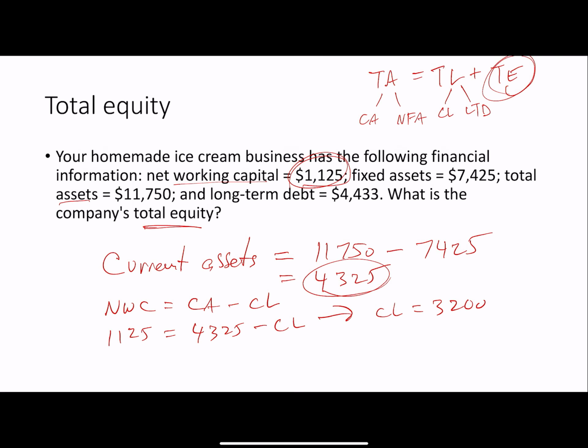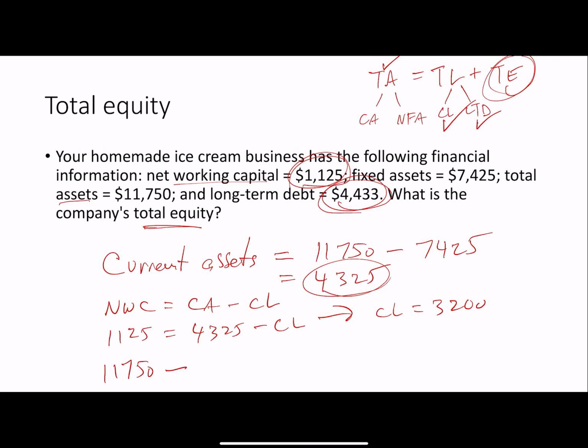All right. So what do we know now? Do we know enough to calculate total equity? Well, let's sit back and think about it. We know total assets, so check. We know current liabilities because we just calculated it, so check. And we know long-term debt because it's given to us, so check. So we take total assets, $11,750, and we subtract out total liabilities, which is current liabilities plus long-term debt.